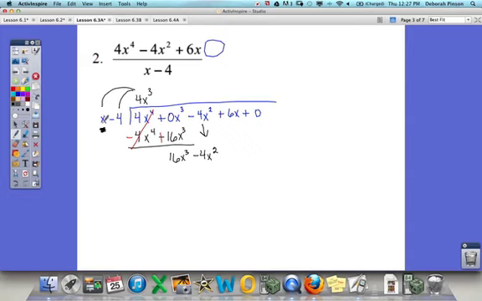Okay, same process over and over again. What do I need to multiply x by to get 16x to the 3rd? And distribute that out. Minus 64x squared. And subtract.